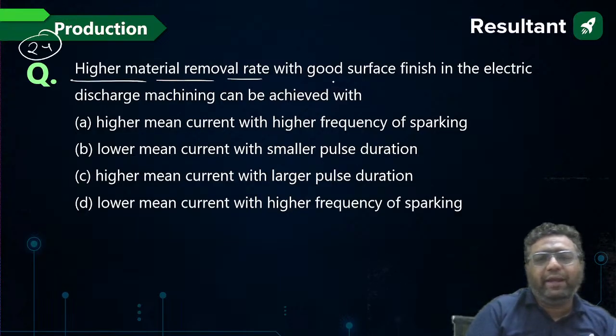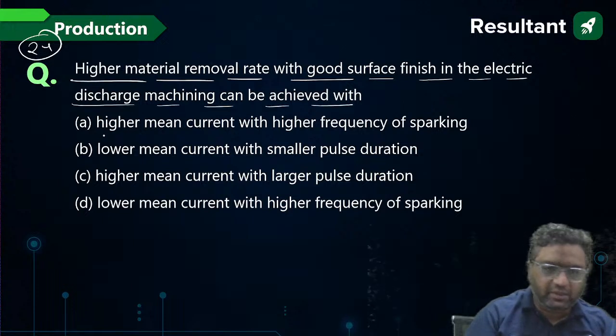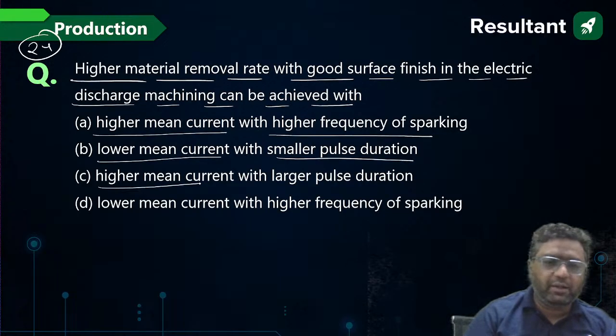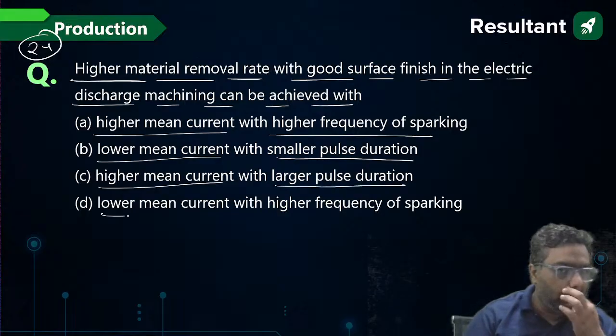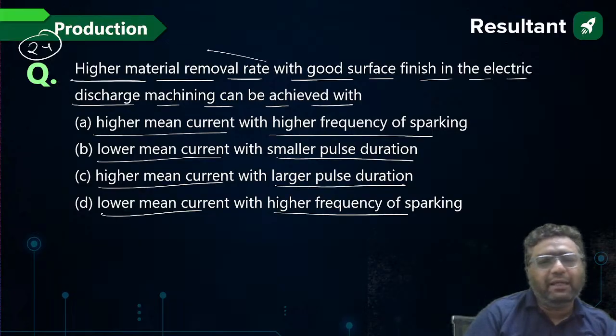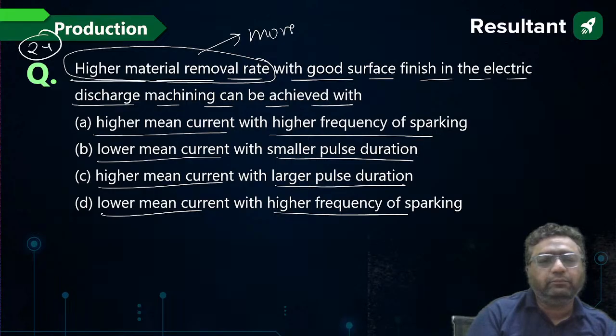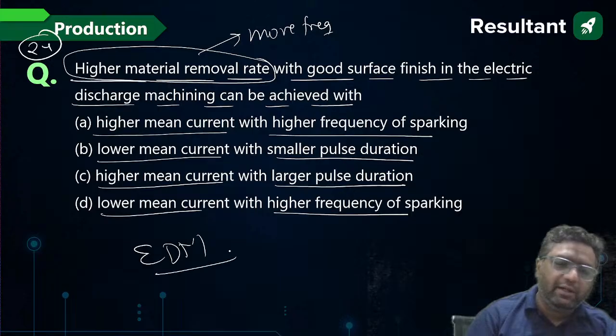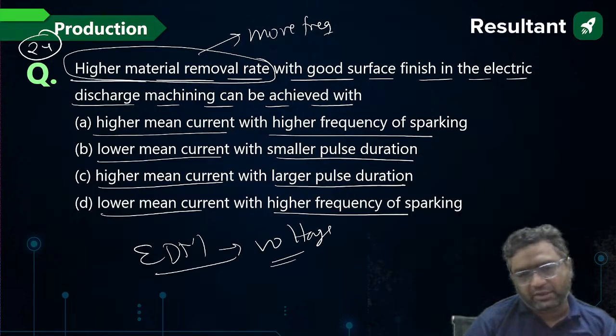Higher material removal rate with good surface finish in electric discharge machining can be achieved with high current, high frequency; low current, small pulse duration; high current, large duration; or low current, high frequency. So dear, when we are talking about high material removal rate, we need more frequency. And when we are talking about EDM, we are majorly interested in the voltage, not current, because it is a high voltage, low current process.